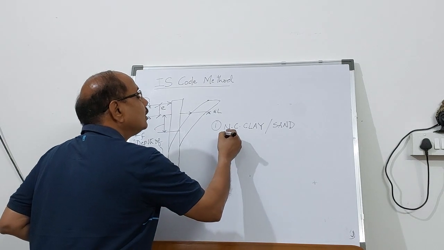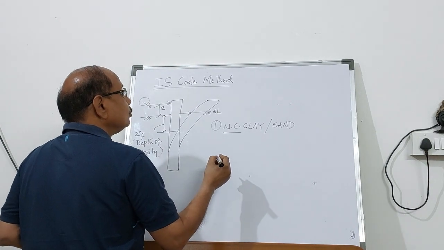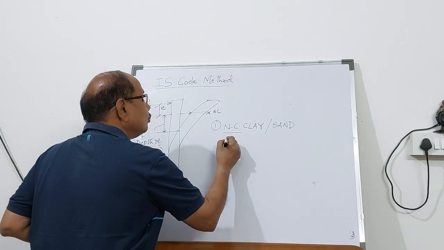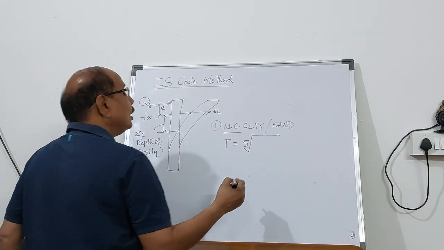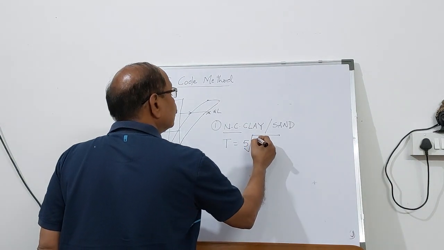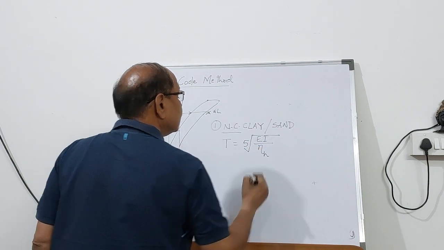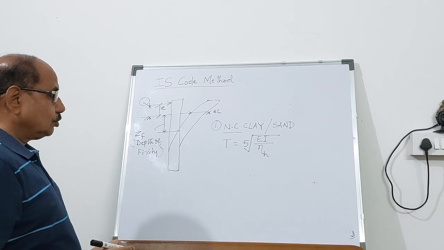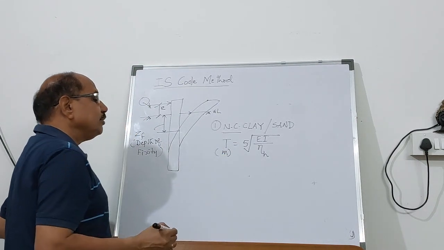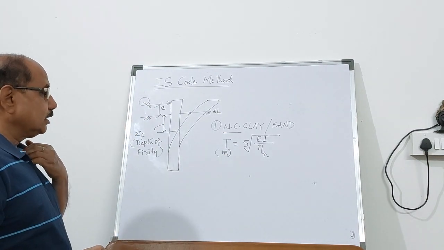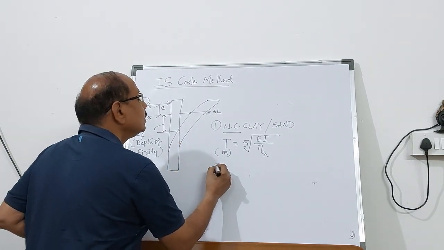So for this normally consolidated clay or sand, you can find out the value of T as the fifth root of EI upon eta H. The unit of T, the relative stiffness factor, will be in meter, and you can calculate it.